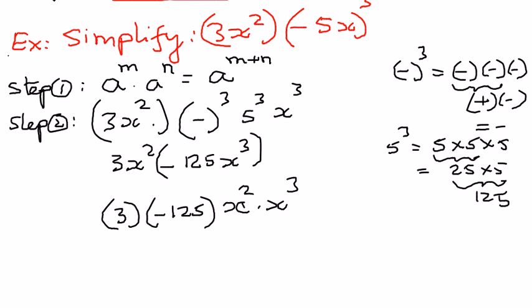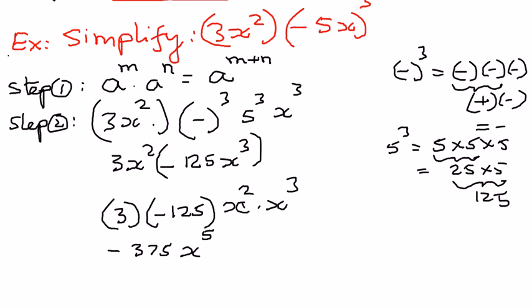So 3 times 125 will be 375 with a negative sign, and then we have x, the common base term is x, and the exponent is 2 plus 3, which is going to be equal to 5.